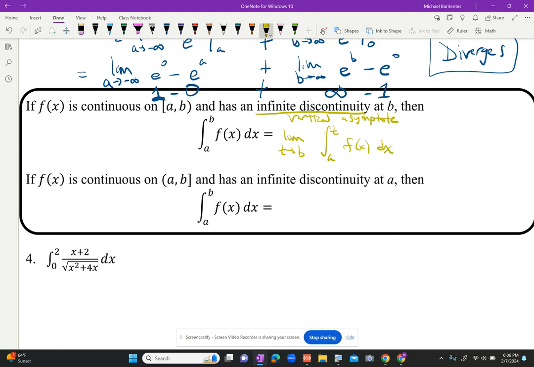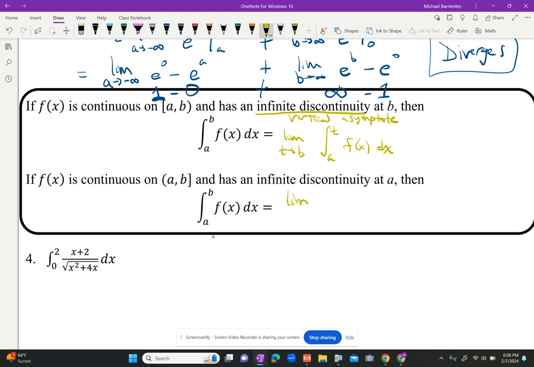So wherever the infinite issue is, whether it's in the form of an actual infinity endpoint, quote unquote, my limits are positive or negative infinity, or if it's an infinity because there's a vertical asymptote at a specific number, then I'm going to use the limit there.